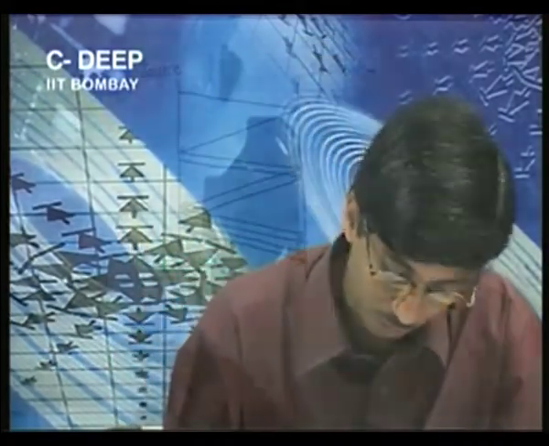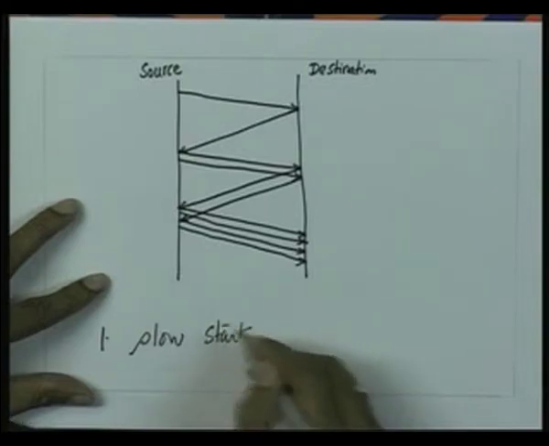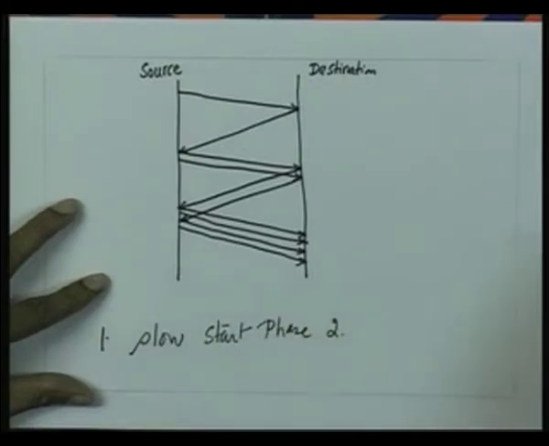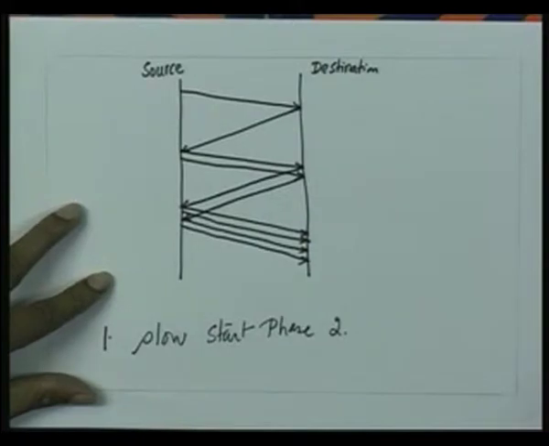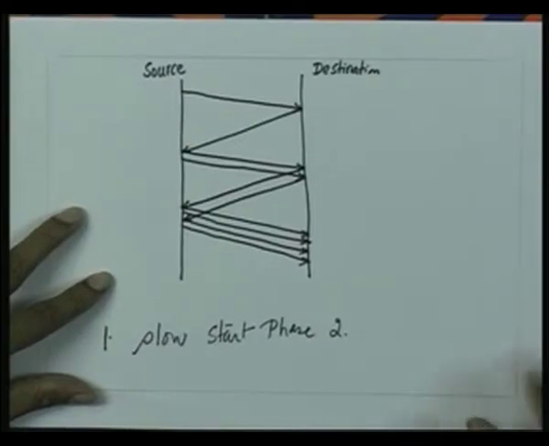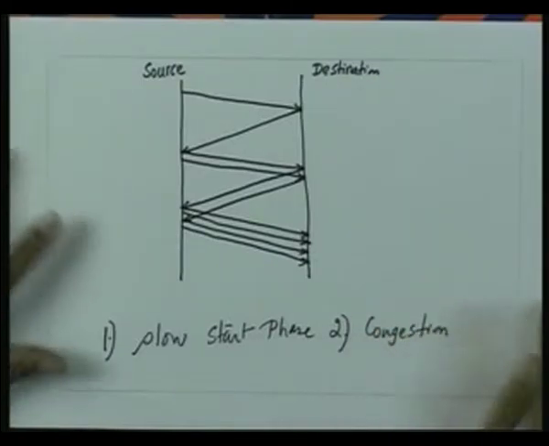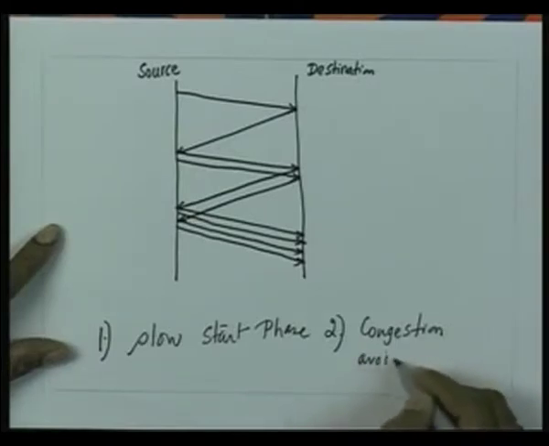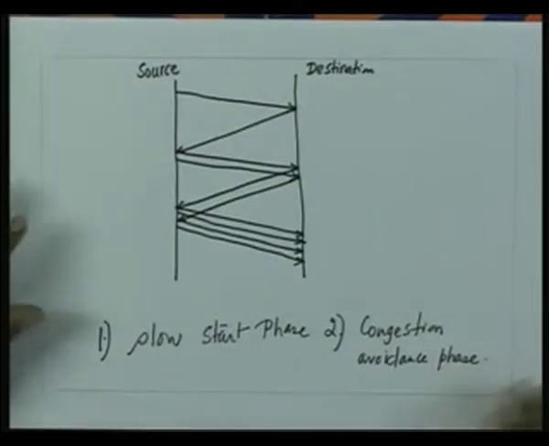So now TCP has two phases: one we call the slow start phase, and another we call the congestion avoidance phase.